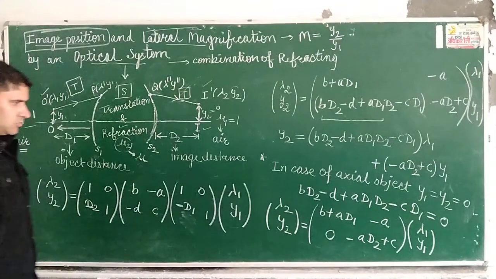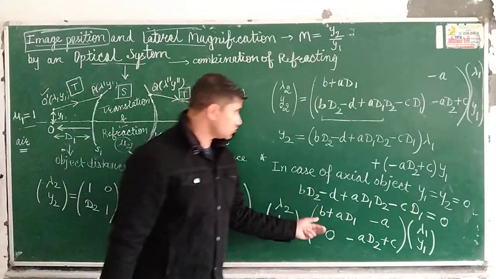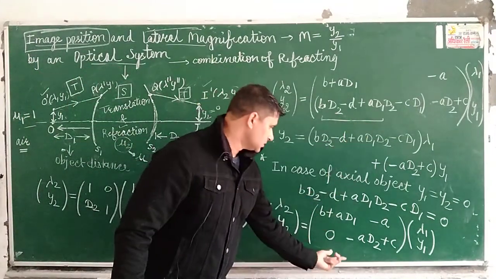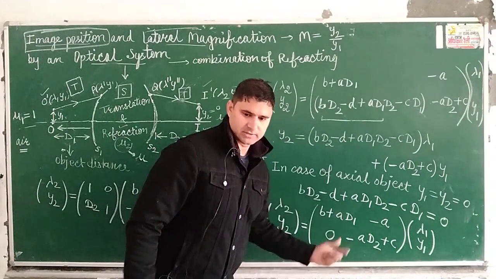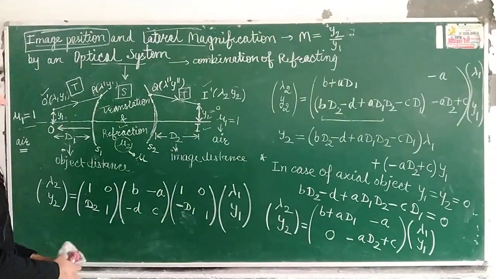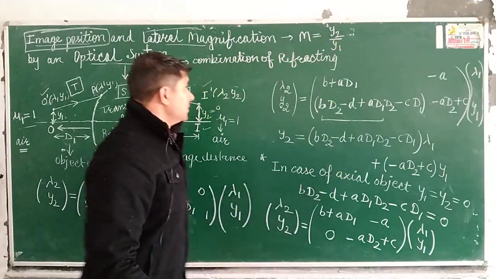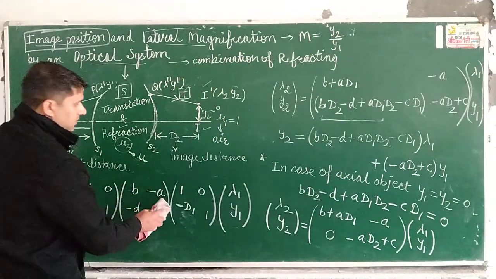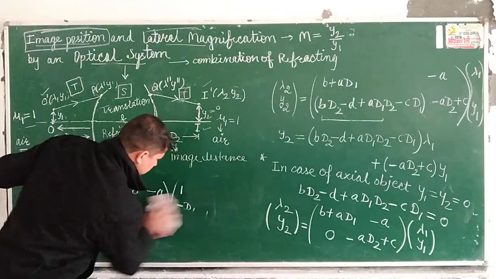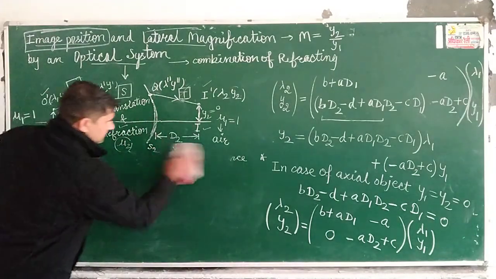Okay, now we have reduced the optical system matrix to this matrix. Now we are to find the lateral magnification, which is the ratio of y2 and y1. So let me clear the surface.